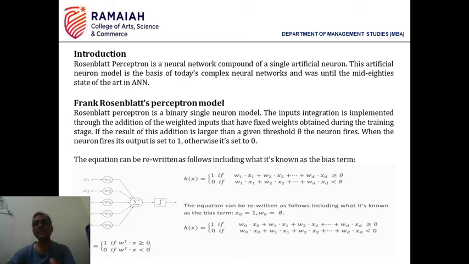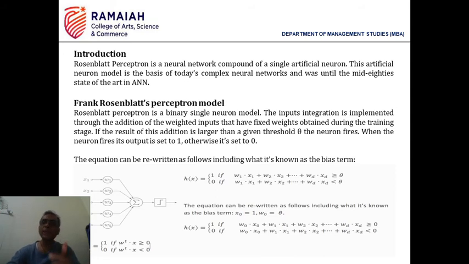Applying this, h of x equals 1 if w1 x1 plus w2 x2 plus w3 x3 plus w4 x4 and so on till wd xd is greater than or equal to theta, and 0 if the series is less than theta.